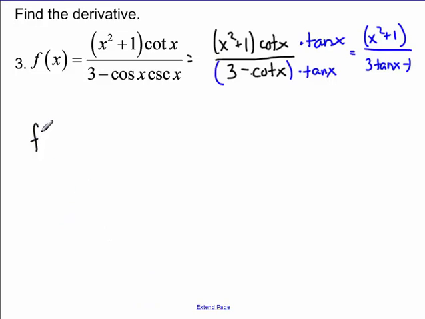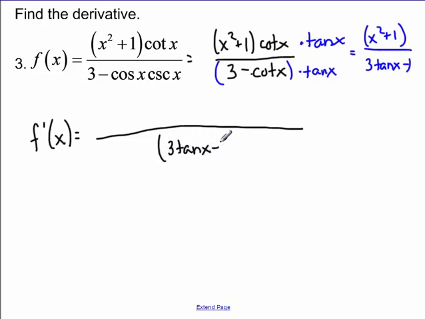Okay, so our derivative is, oh, that was a really straight line. Okay, remember your derivative, the denominator, you can just square.